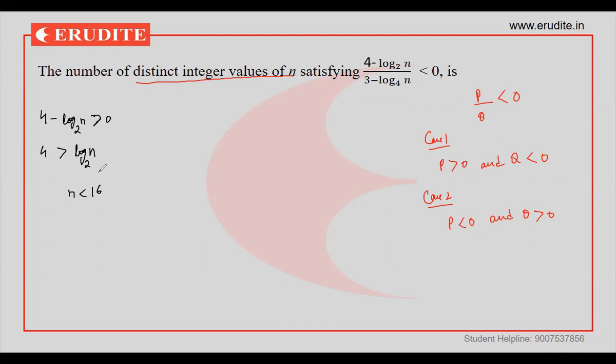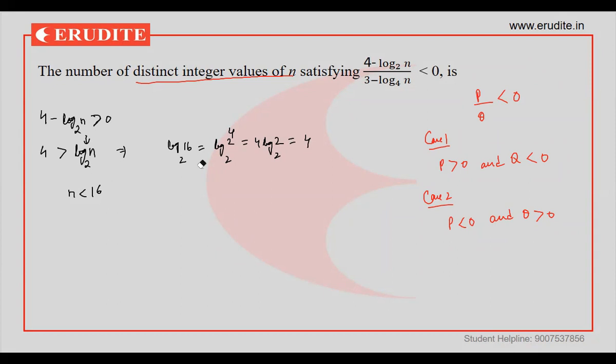Why is this so? If I put n as 16, then I get log 2 of 16, and 16 I can write as 2 power 4, so it will be 4 log 2, which is 4. So when I put n equal to 16, the value is 4, but it should be less than 4.